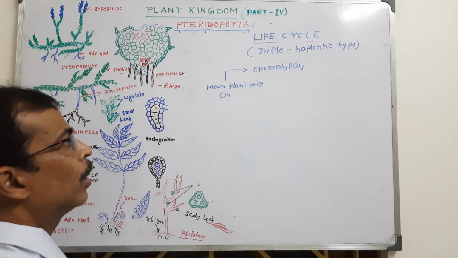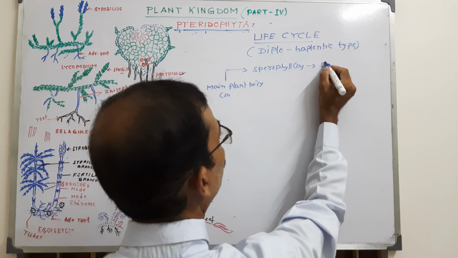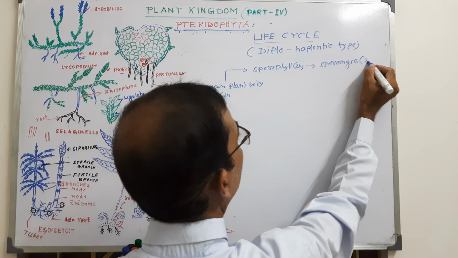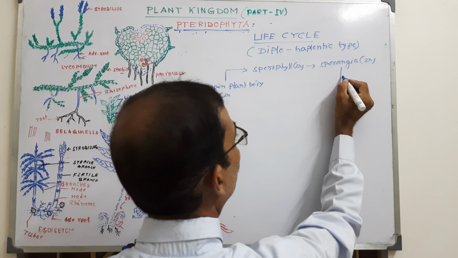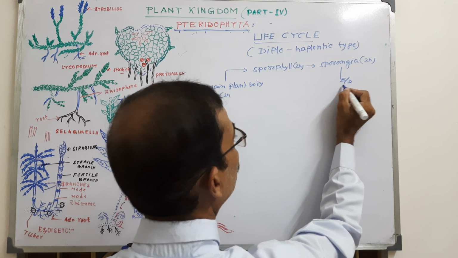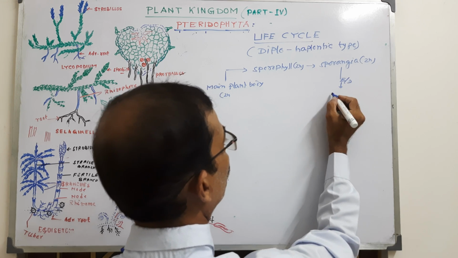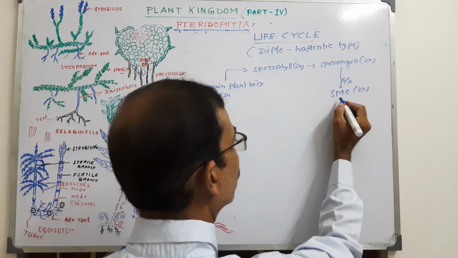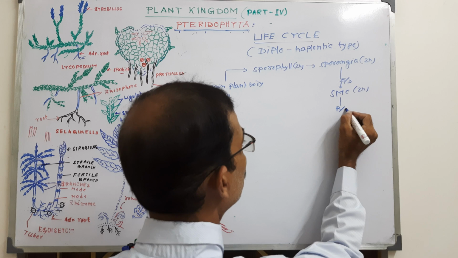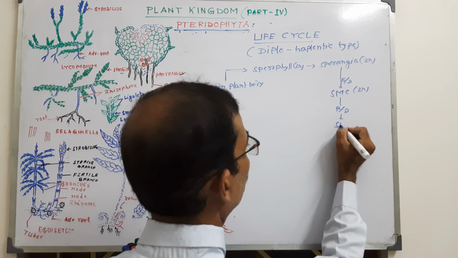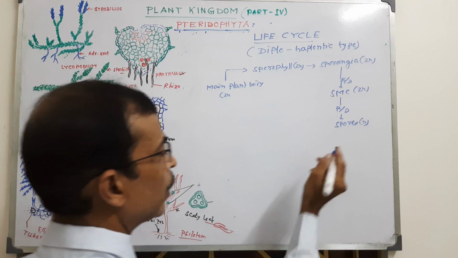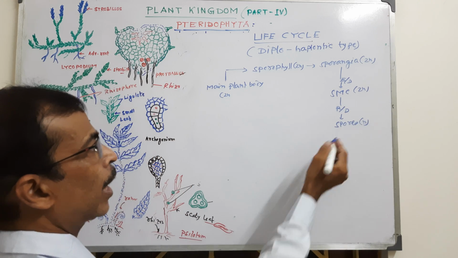Sporophyll, sporangia bearing, produces sporangia, already diploid. This sporangia produces, by mitotic division, the spore mother cell, SMC, which is also diploid. This spore mother cell undergoes meiosis and produces spores. Spores are haploid in nature, and it is the first cell of the gametophytic generation.